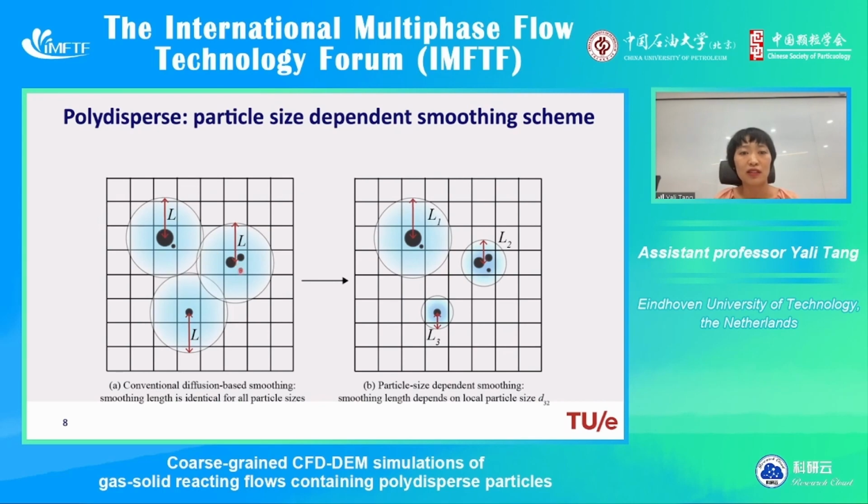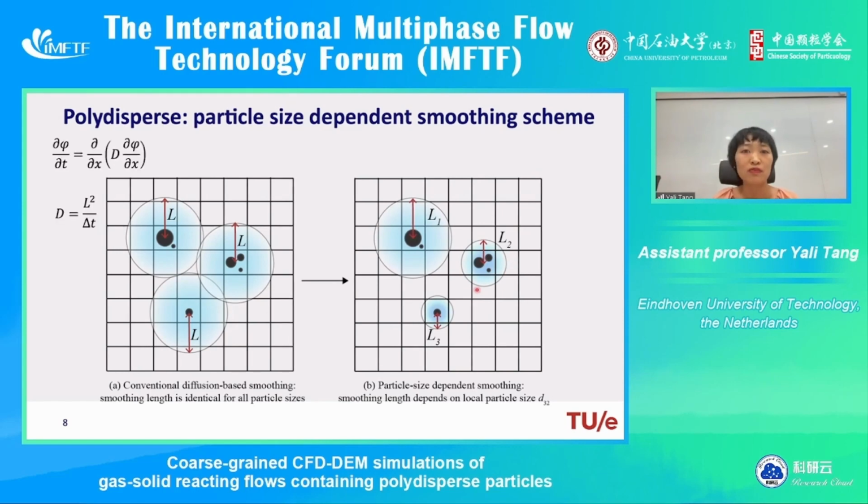Even the smallest particle can influence the surrounding fluid in the same way as the largest particle. This is of course not realistic. Instead, we would like to have the situation in the right figure. In that sense, the influence area of the particle should depend on the size of the particle itself, meaning the larger the particle, the larger the influence area, and the smaller the particle, the smaller the influence area.